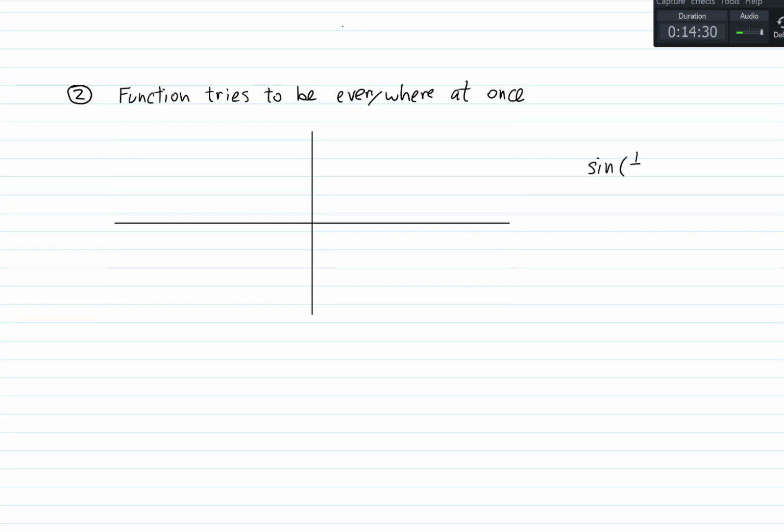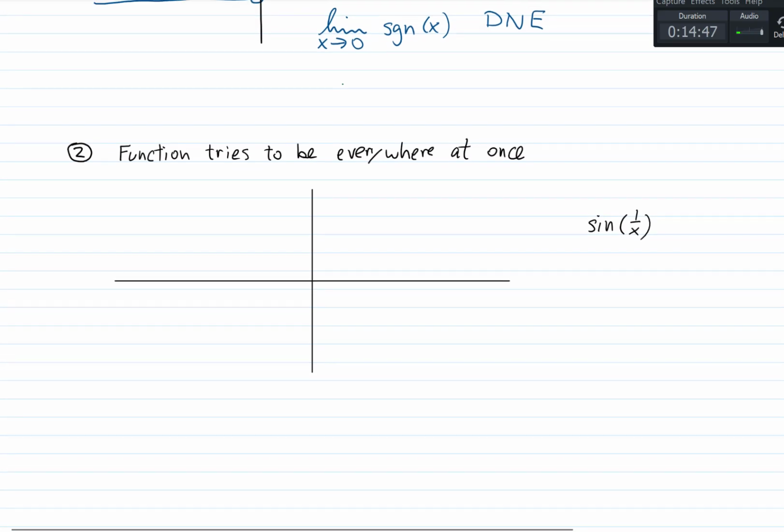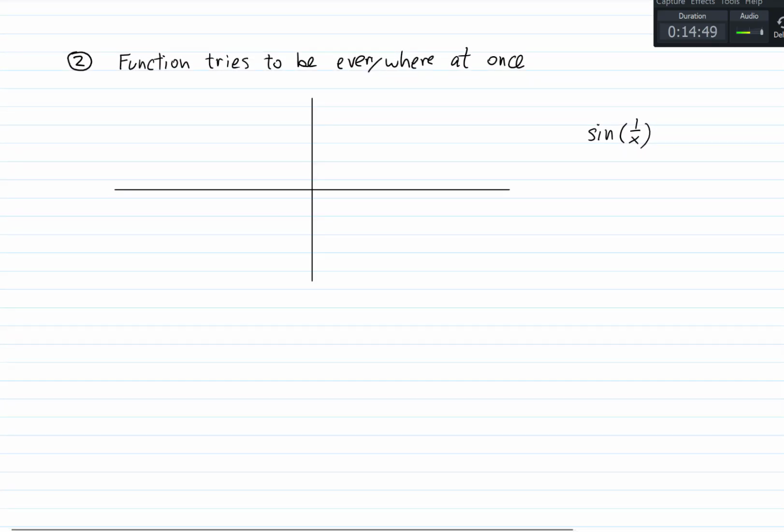Sine of 1 over x. Here's what the function looks like. It's coming along and it's behaving fairly well.